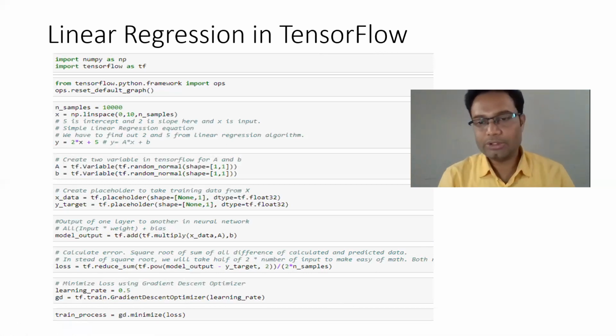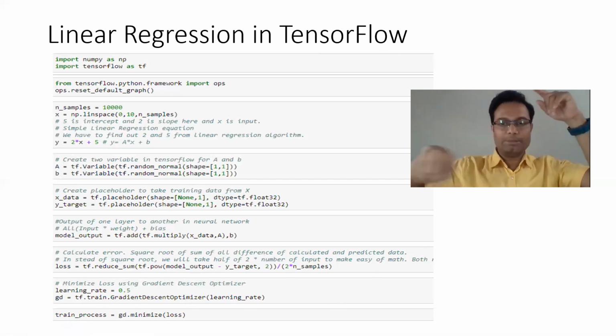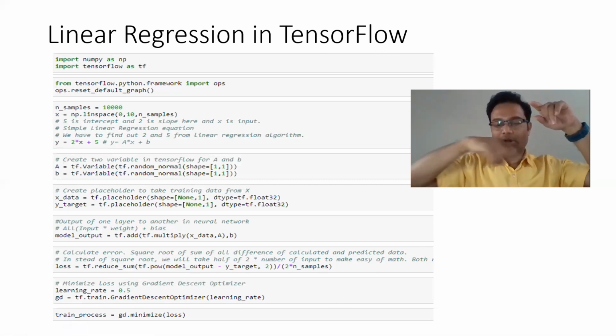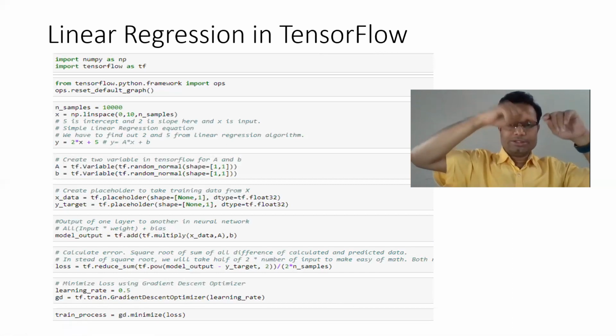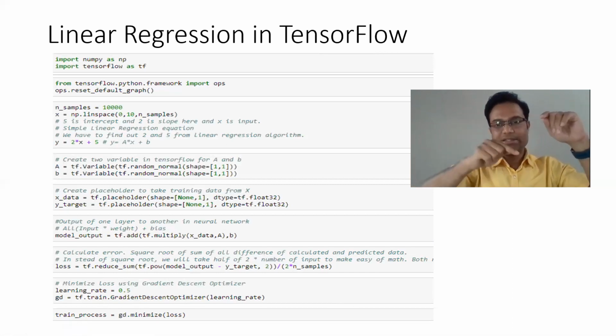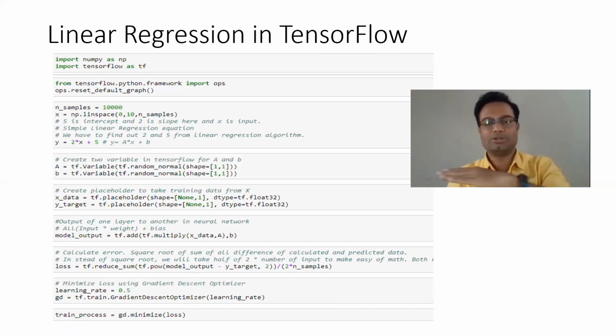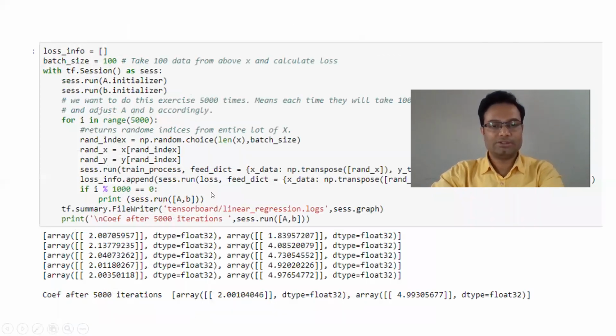When you do gradient descent, we have to set the learning rate, because suppose you have a hyperplane graph. The learning rate sets how fast the slope changes as it finds the minimum. That's why we set the learning rate here, using TF train gradient descent with the learning rate. Now I got the GD, and you can use the GD to minimize the loss. And this is the code here.